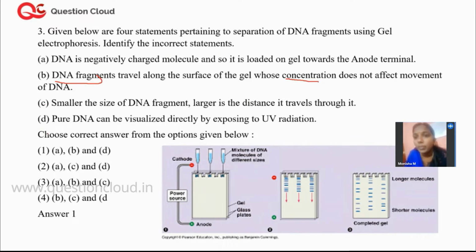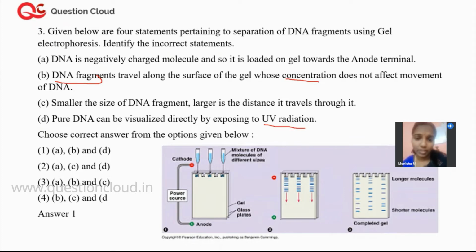Next: pure DNA can be visualized by exposing it to UV radiation. If you remember, in order to see the DNA under UV light, you need a dye. Anybody remember what the dye is which we use for staining DNA? You would have read it in the recombinant chapter. Govardhan, do you know how you can see the DNA?